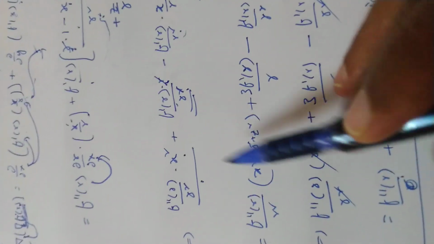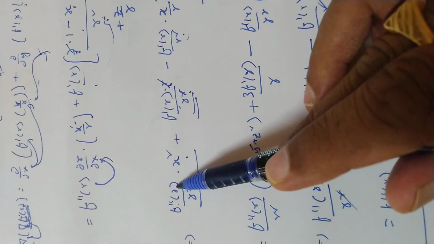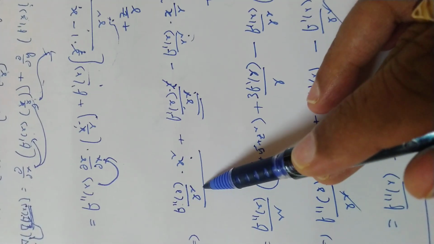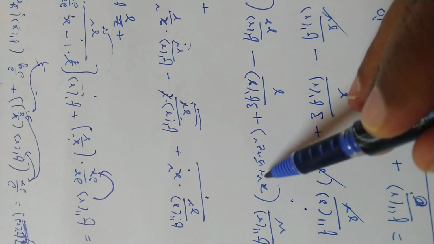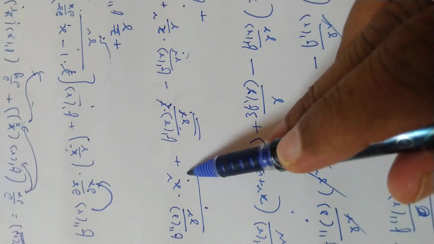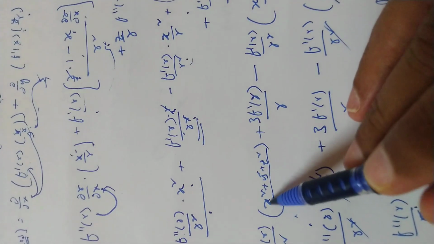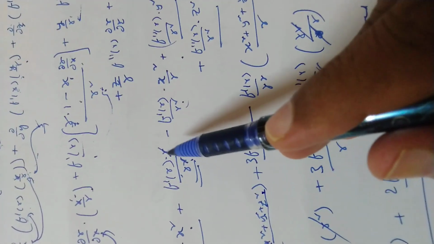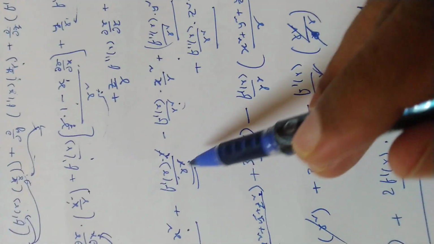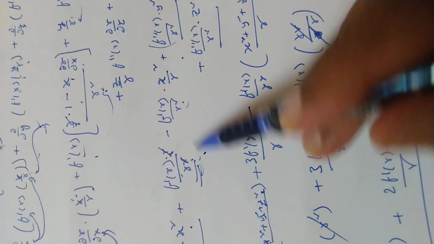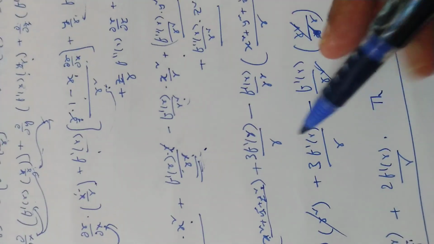After simplification is made, f dash r by r square can be taken as common. The same thing is there in the second term and third term. I can take it common as x square plus y square plus z square. Here f dash r by r is there in the y and z terms also.